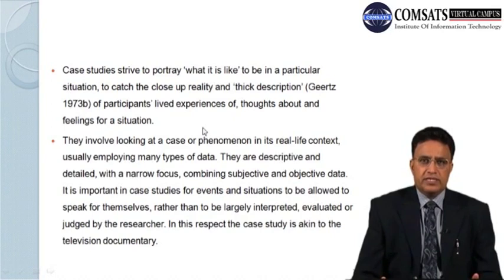It is important in case studies for events and situations to be allowed to speak for themselves rather than to be largely interpreted, evaluated, or judged by the researchers, especially in the positivistic or quantitative paradigms.